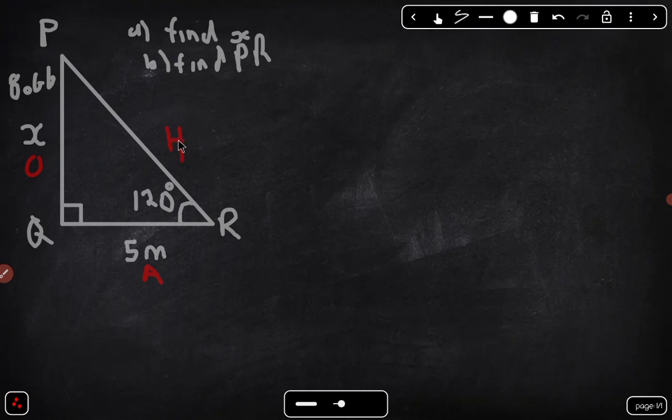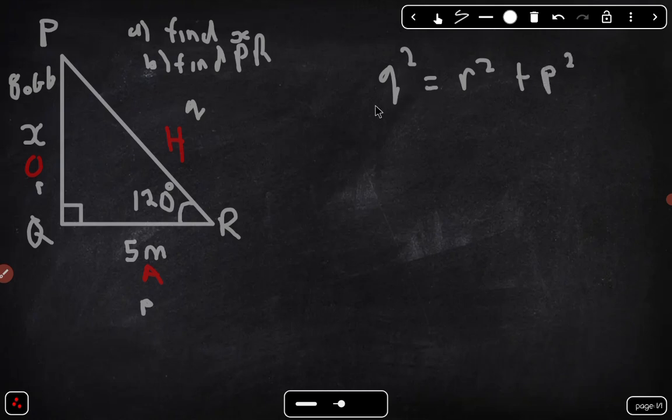Okay, so Pythagoras theorem, Q is pointing this side, so this is Q, this is R, this is P, and you're going to write Q squared. Why Q squared? This is your hypotenuse, is equal to R squared plus P squared.